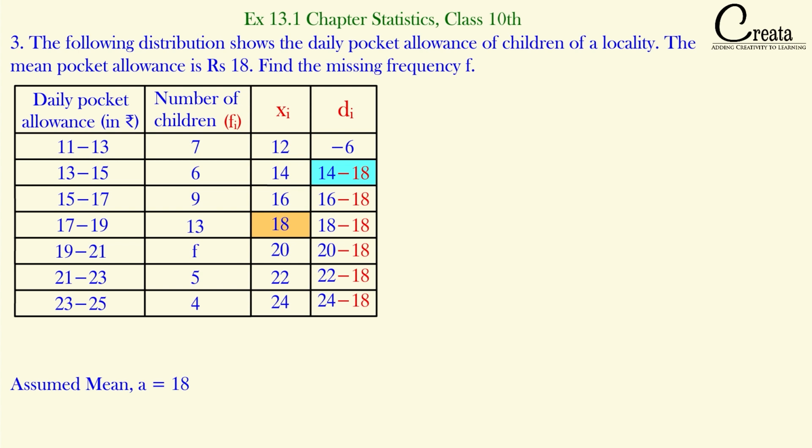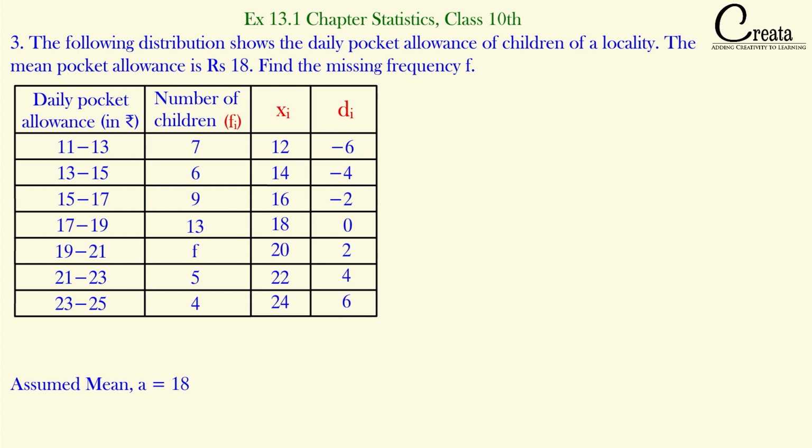Further, 14 minus 18 is minus 4. 16 minus 18 is minus 2. 18 minus 18 is 0. Similarly, 2, 4 and 6. Got it? We got the value of di, that is the deviation, and these values look somewhat simple. So we will follow this method, that is the assumed mean method.